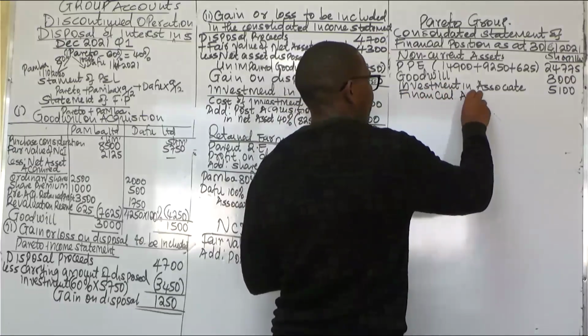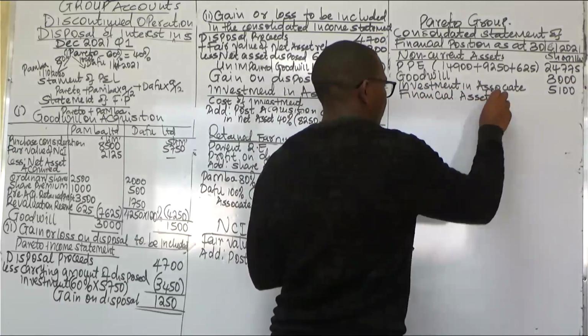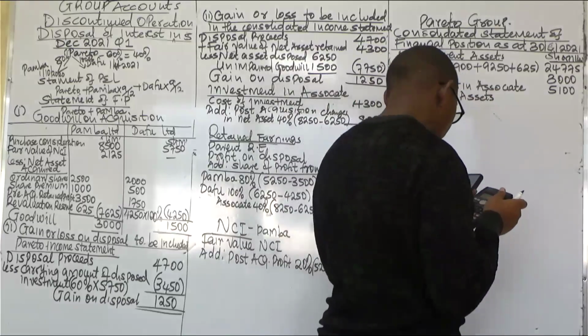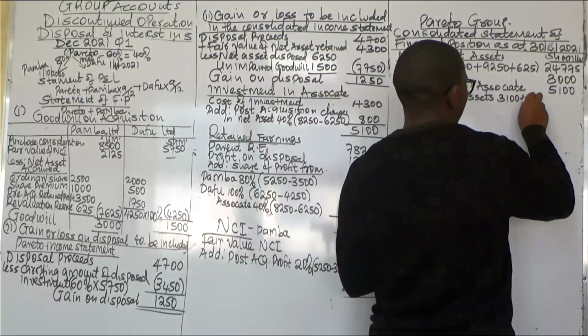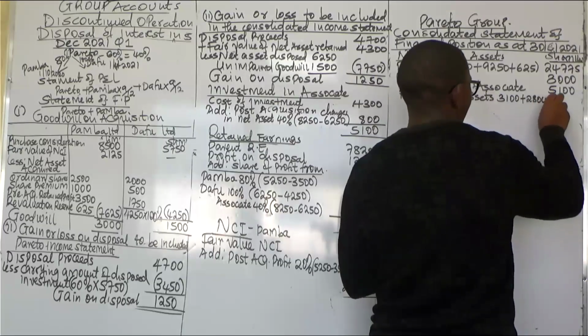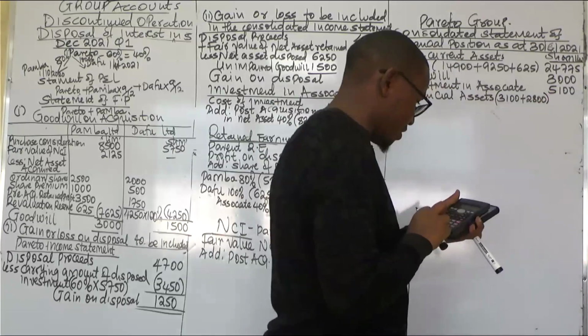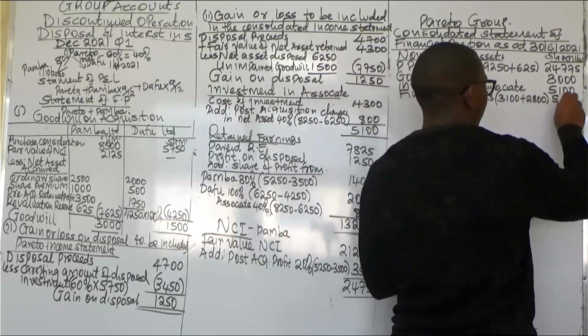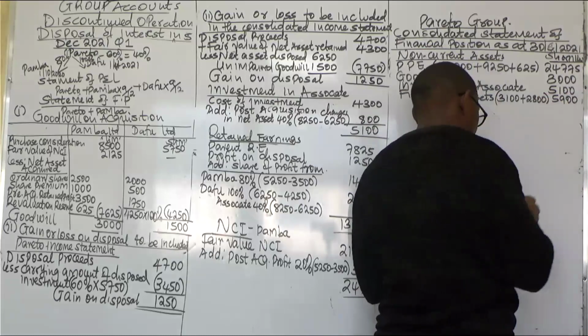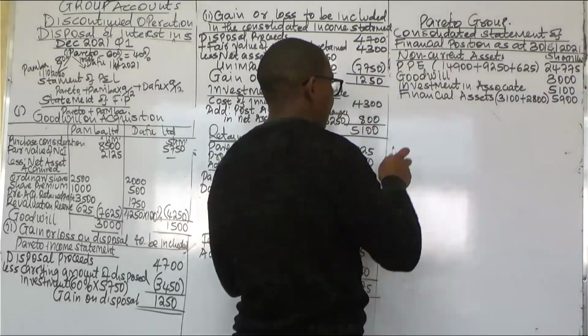Financial assets here we have 3,100 plus 2,800. This will be 5,900. We also have the current assets.